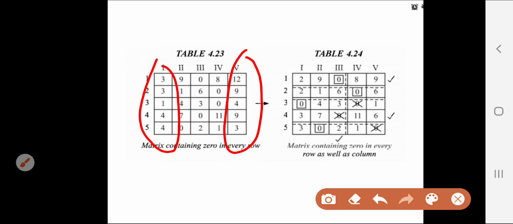Now you assign zeros. Let us check the first row. In the first row there is a 0 in the third column, that is x13. You make an assignment here.